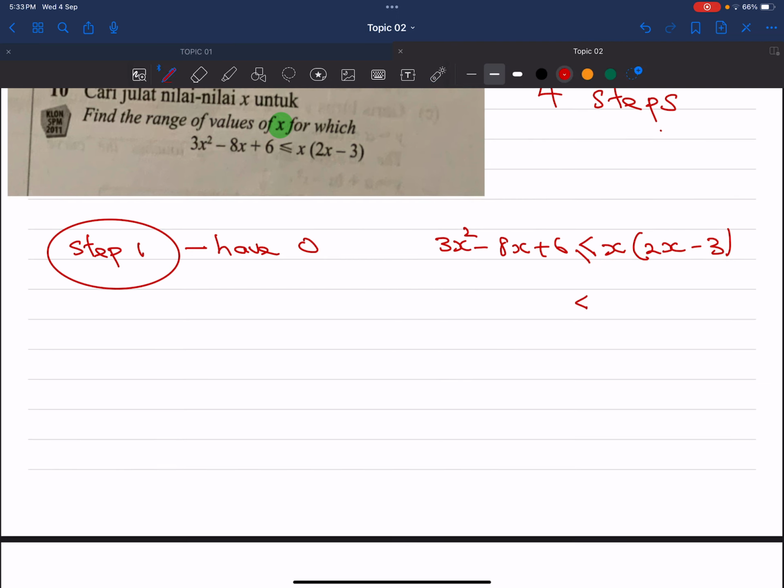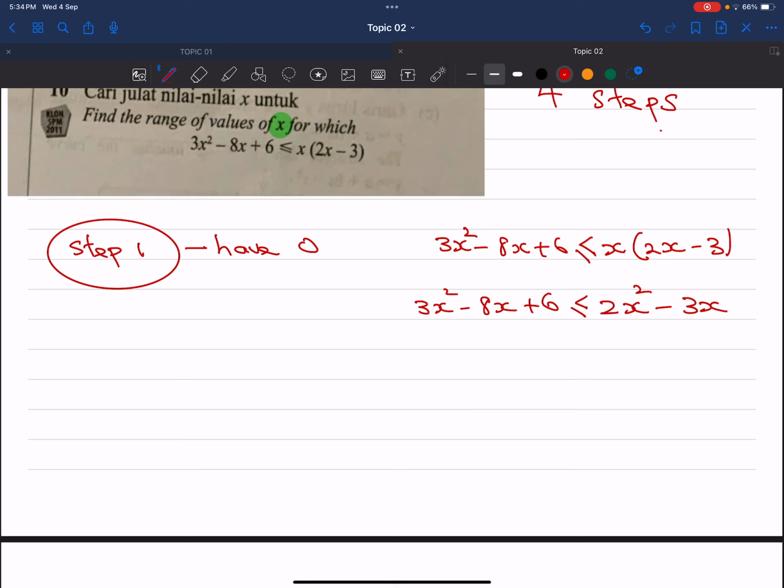I put back the inequality sign and expand x times 2x, x times 3, which gives me 2x squared minus 3x. That is the right hand side. Left hand side, I just copy back: 3x squared minus 8x plus 6.